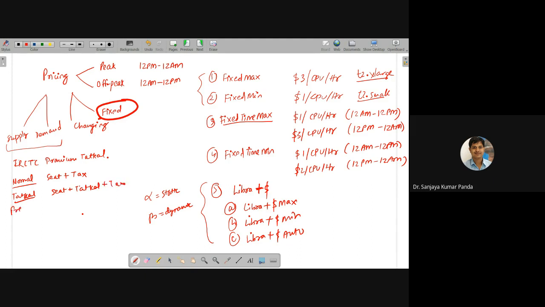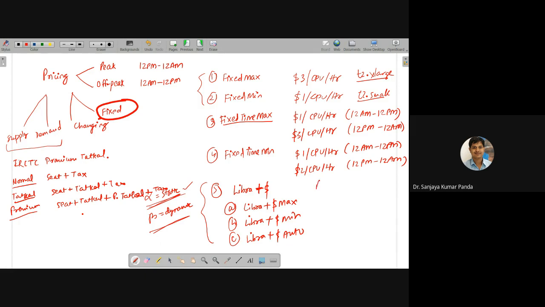If you go for a premium Tatkal fare, they are charging seat fare plus Tatkal fare plus the premium Tatkal fare, which is a dynamic scheme, plus tax. Like that way, alpha is the static factor. Why is it fixed? If you are not using a particular service, you still have to pay the alpha amount. You have not used electricity for 1 day, you are paying the minimum amount, right? But if you use electricity, then in addition to the static fare, you have to pay the beta.